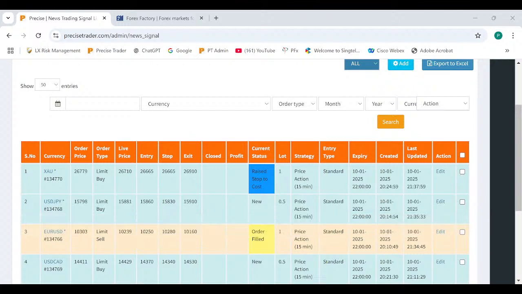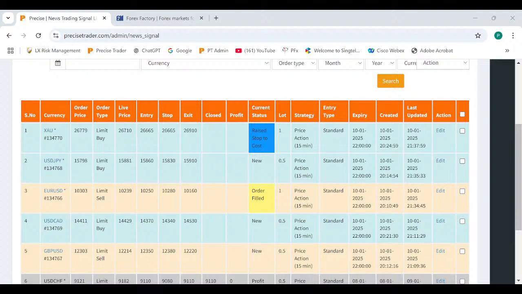Then let's see the pound. Pound broke the previous low, which is 12240. So what we will do is try to sell at 12240, half lot.